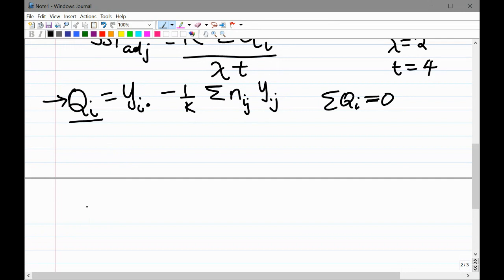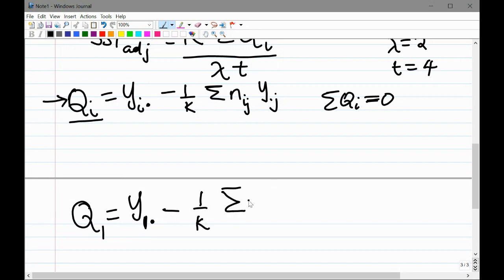So it means we're going to have Q1, which will be given by Y1 dot, the sum of the first treatment, minus 1 over K times the summation of N1j Y dot 1. Let me explain now.